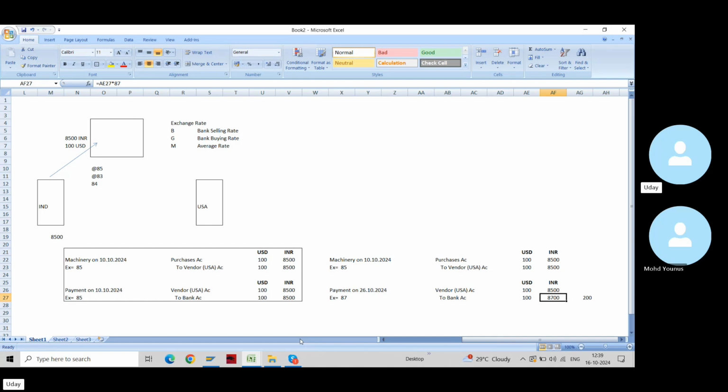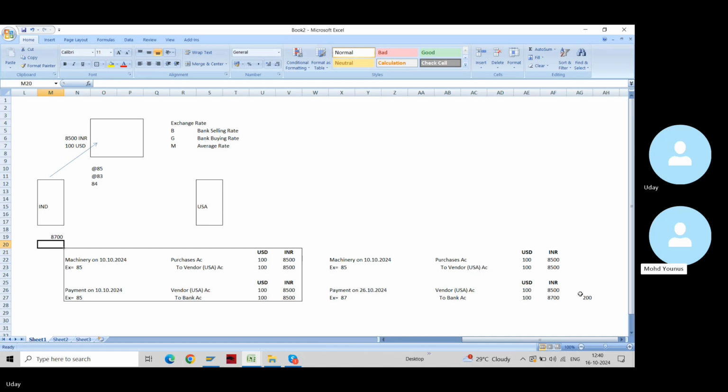Because of the exchange rate, I have to make the payment 200 more. As you can see in this example, on 26th you have to give 8,700, because the exchange rate is 87. Only if you give 8,700 will he give you $100, and you can make the $100 payment to the USA vendor.